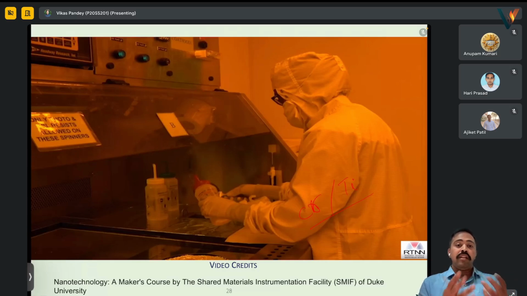But in that case, gold itself acts as a mask afterwards, because gold is not affected by the chromium etchant. So all such considerations are to be taken when we are dealing with this.